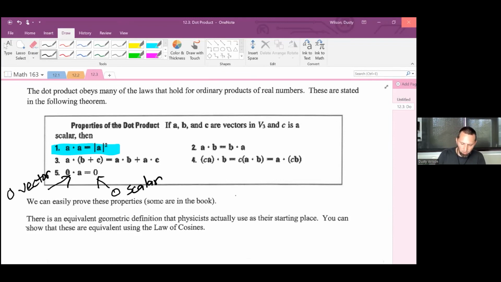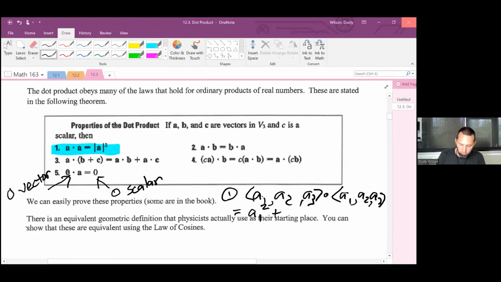If you just think about property 1, if you had the vector a dot a, so ⟨a1, a2, a3⟩ dotted with itself, ⟨a1, a2, a3⟩, then that's going to equal a1 squared plus a2 squared plus a3 squared, which should remind you of the magnitude of a vector, except there's no square root. Why? Because we squared it, and that square killed the square root.